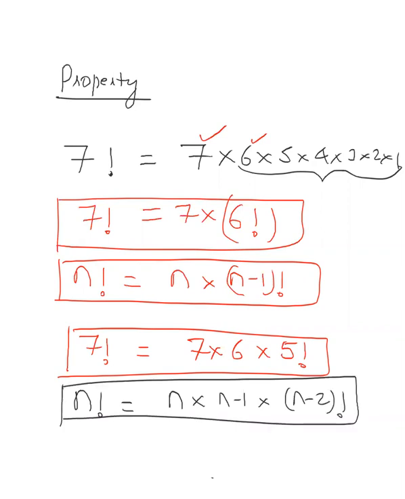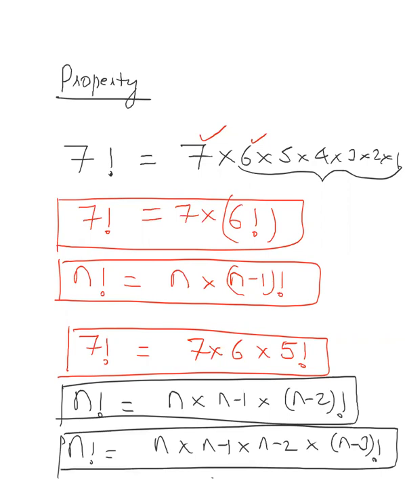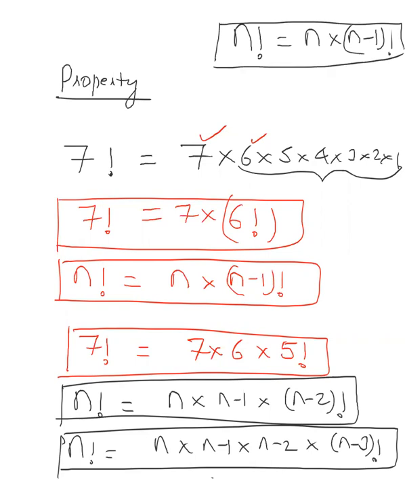Right? You can write it up to whatever you want, also into (n minus 3) factorial. So this is a very useful property. What is the useful property? That is n factorial is equal to n into (n minus 1) factorial. According to the requirement, you can use this property wherever you want.